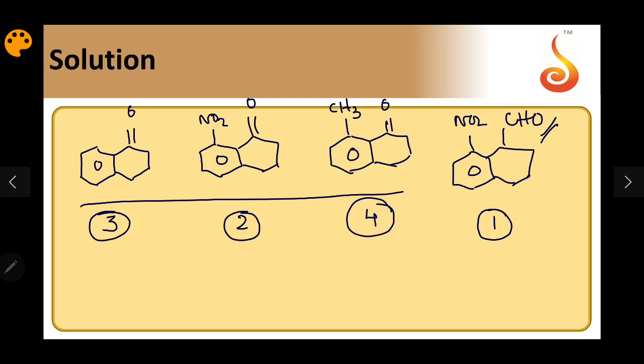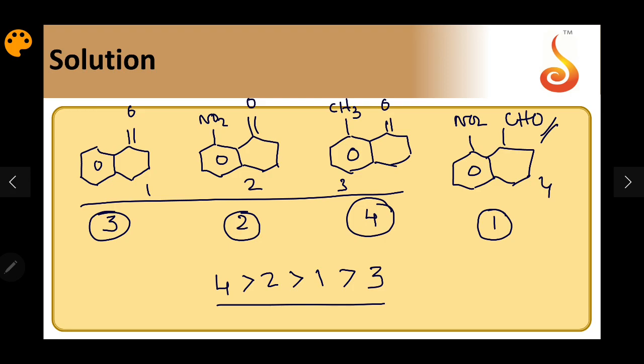So if I call these 1, 2, 3, 4, it should be 4 greater than 2 greater than 1 greater than 3. This should be the order of reactivity.